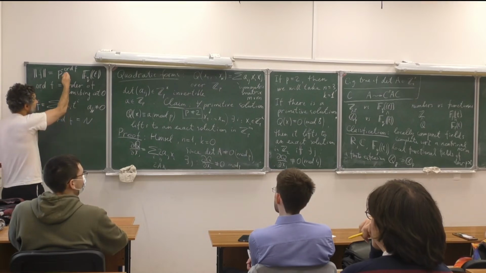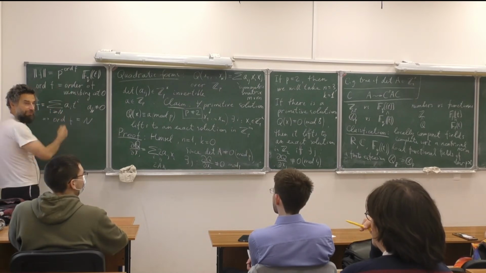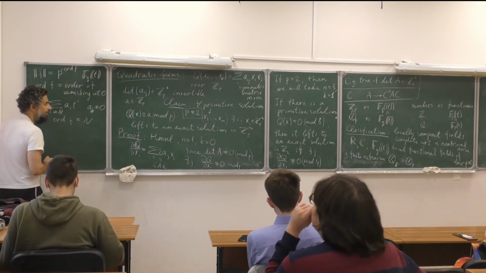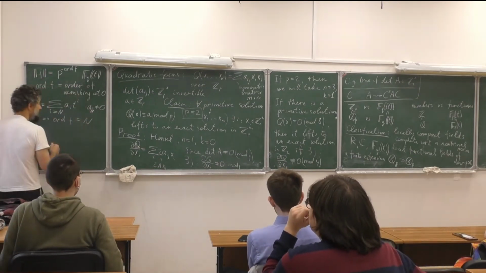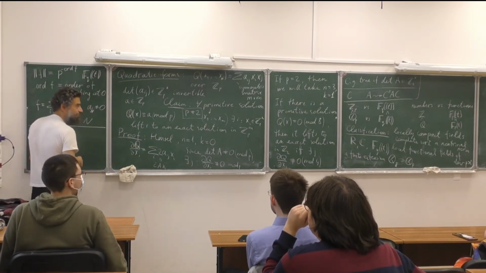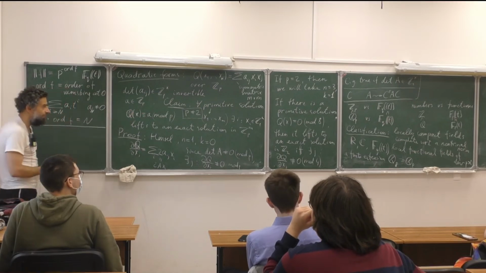So it can be negative, then the norm will be big. If it's positive, the norm will be small. Fine. So this is the norm and topology on the local functional field.